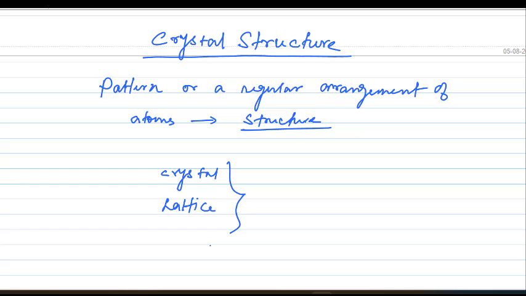Sometimes these two terms are confused and used with the same meaning alternatively, but please do remember that these two are different. Even from the definitions, they might apparently look similar, but please try and understand that these two are different. Only then would you be able to appreciate the real meaning of crystal structures.